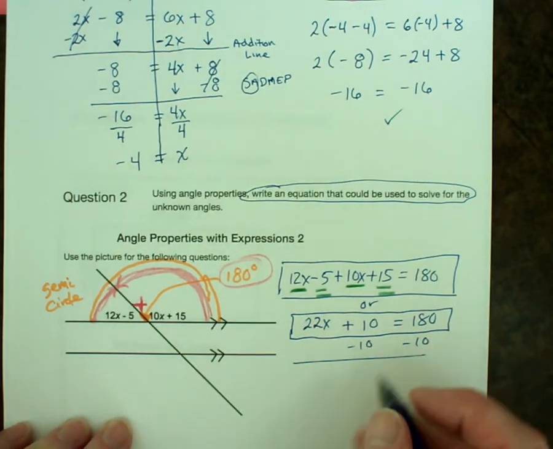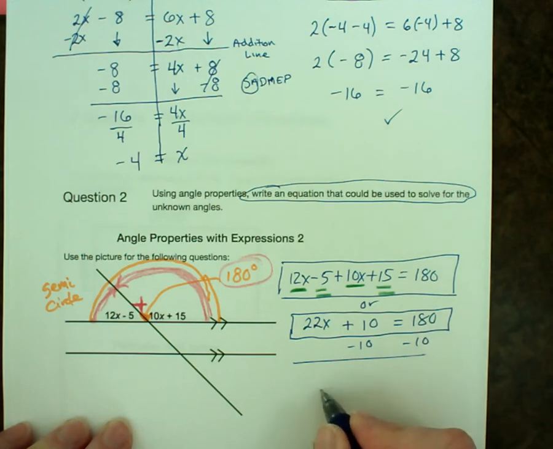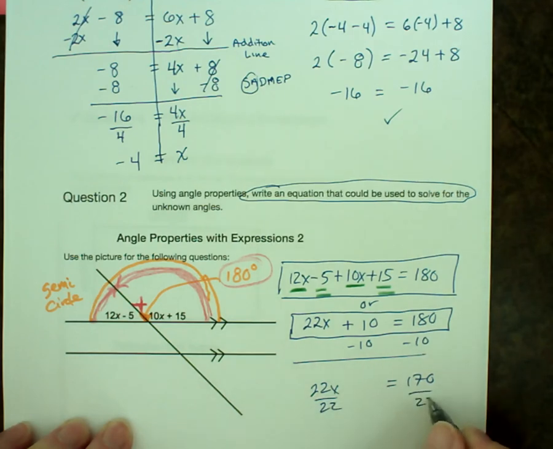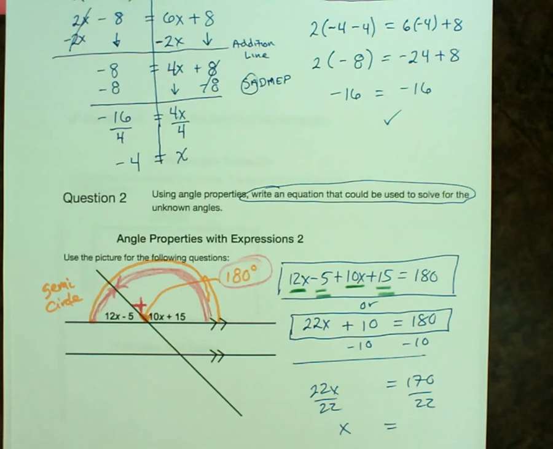If you do solve it, you end up with 22x equals 170, and you divide by 22. I think it's 7.72, repeating.